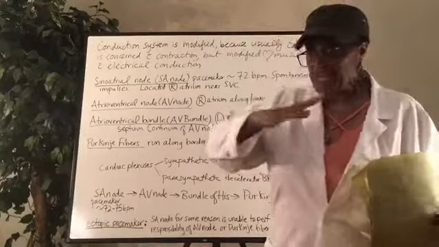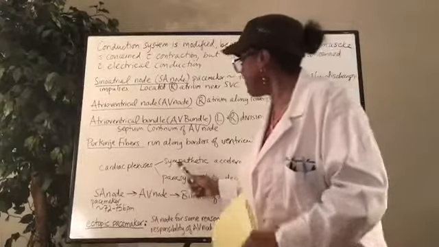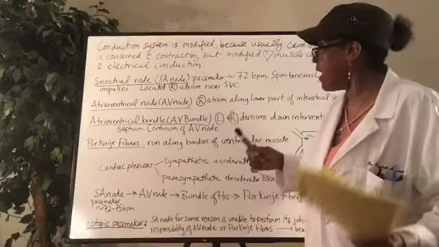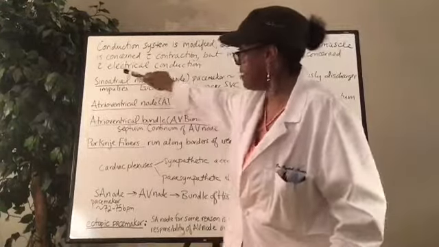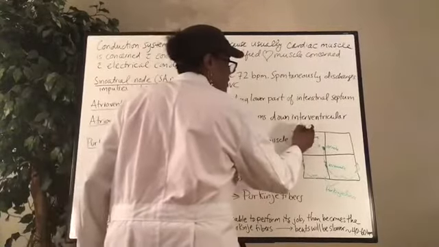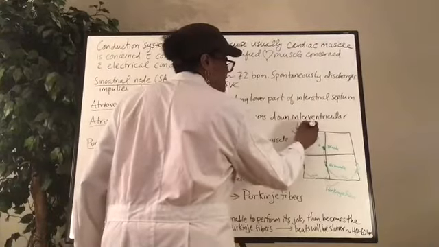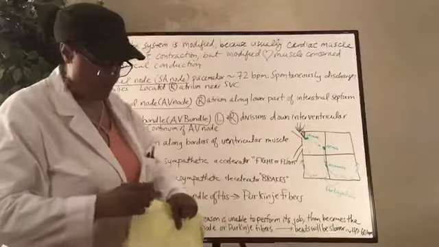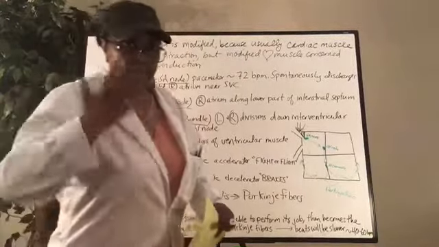But now my pupils are dilated, my heart is beating. This sympathetic system has come into the sinoatrial node here, and it is influencing my heart rate. My heart rate is up now.